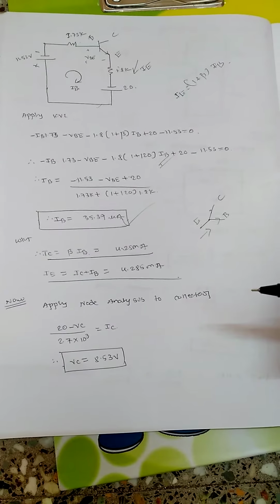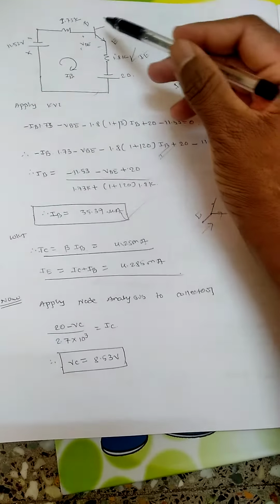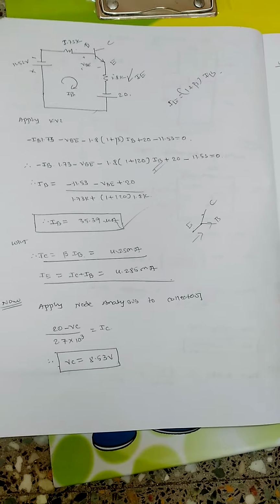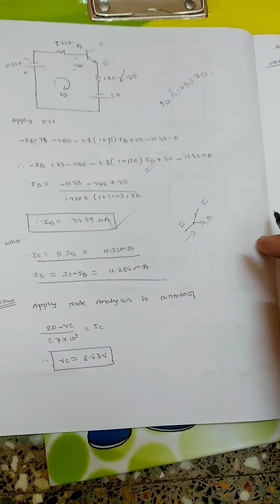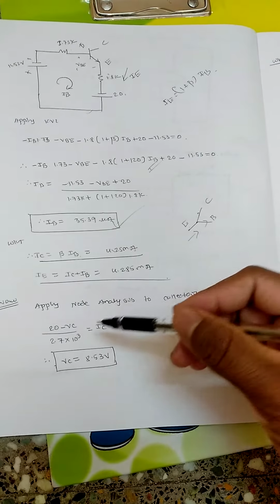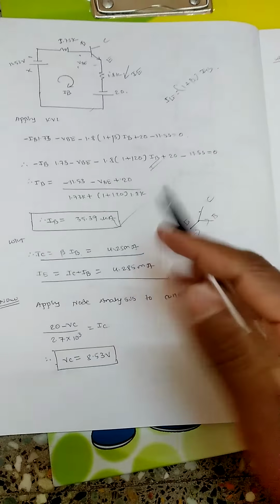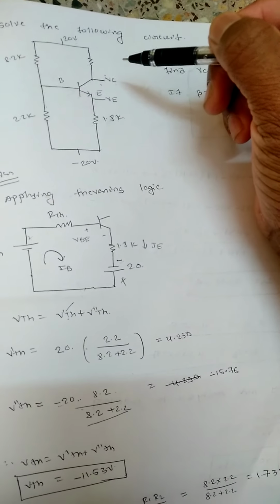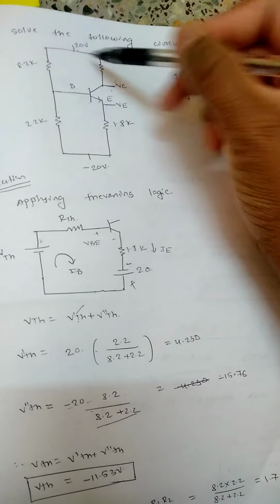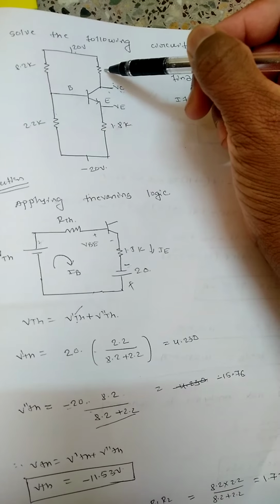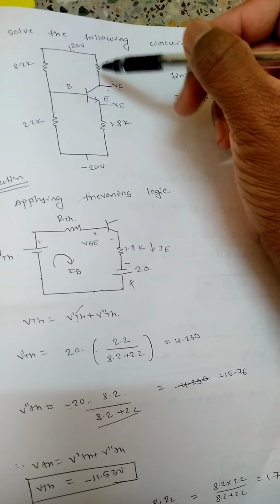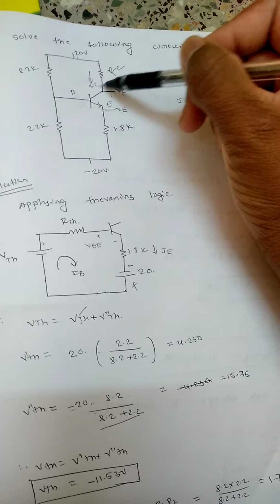Now to find the collector voltage, I need to apply node analysis at the collector. I want to find the voltage VC. So apply node analysis: 20 minus VC divided by the resistance RC will be equal to the current flowing through this terminal, that is IC.